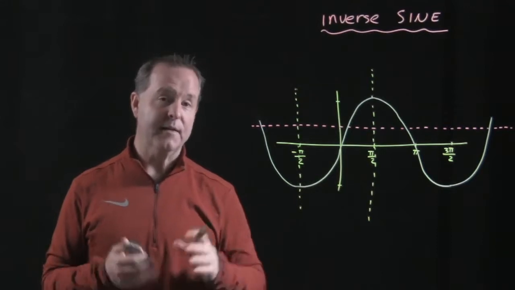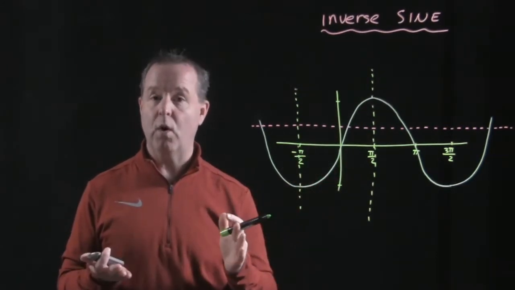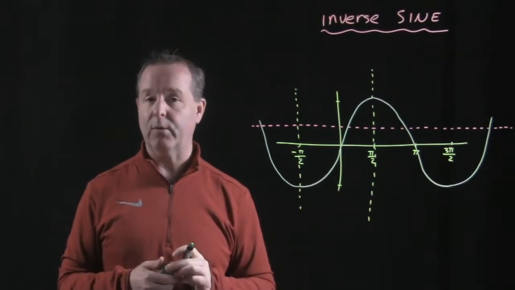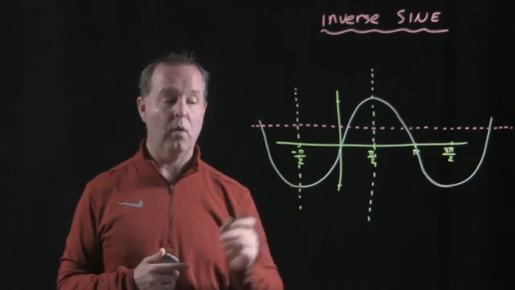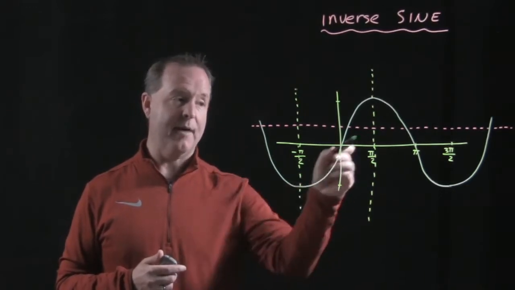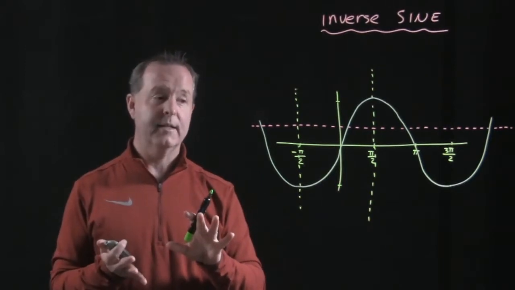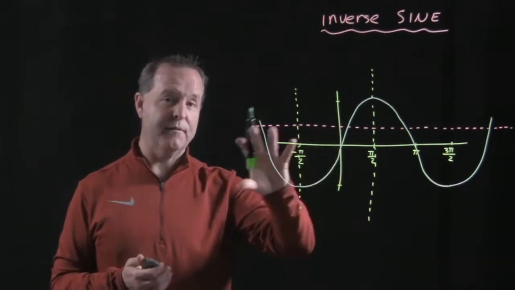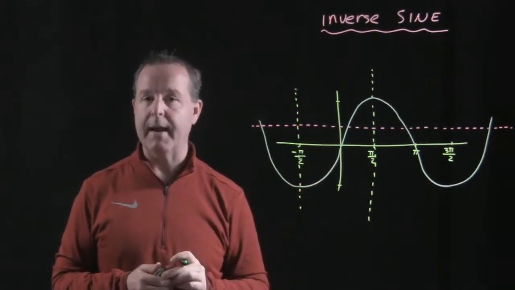Within that domain restriction, we notice that the graph appears to be one-to-one. There's no spot on that graph where our horizontal line crosses at two places or more from negative pi halves to pi halves. So we'll look at just that aspect of this graph and look at its inverse on a restricted domain.